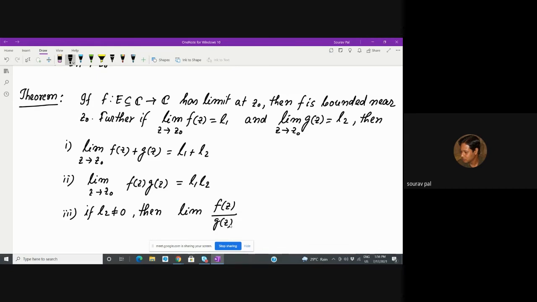Whenever you write f(z) by g(z), you have to be careful about the zeros of g, provided g is non-zero near z0.